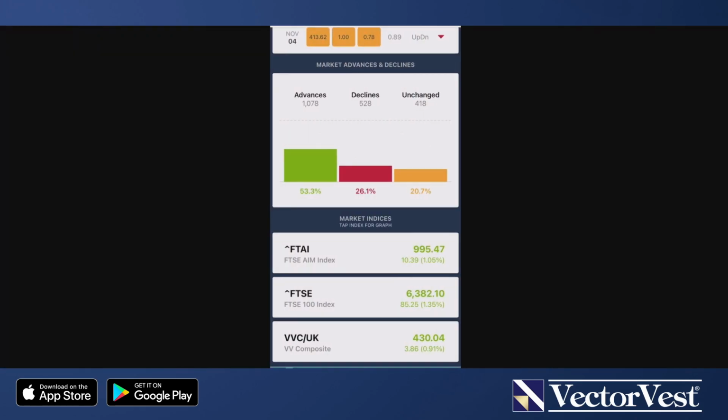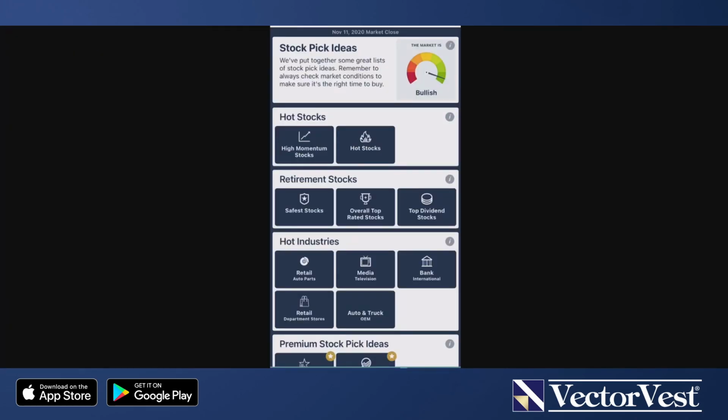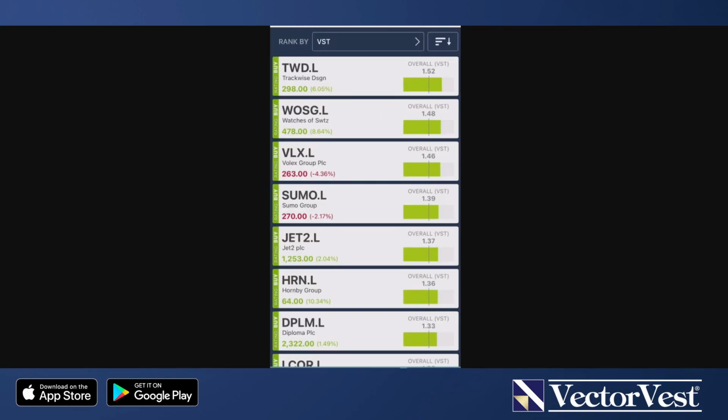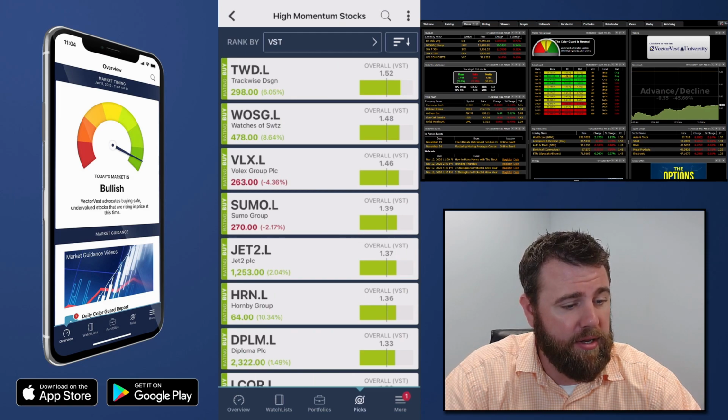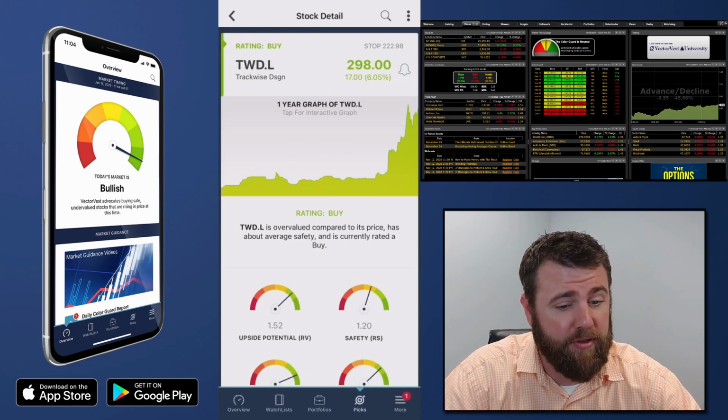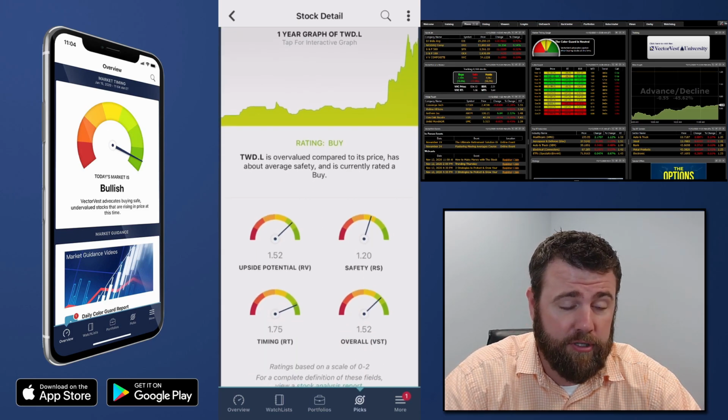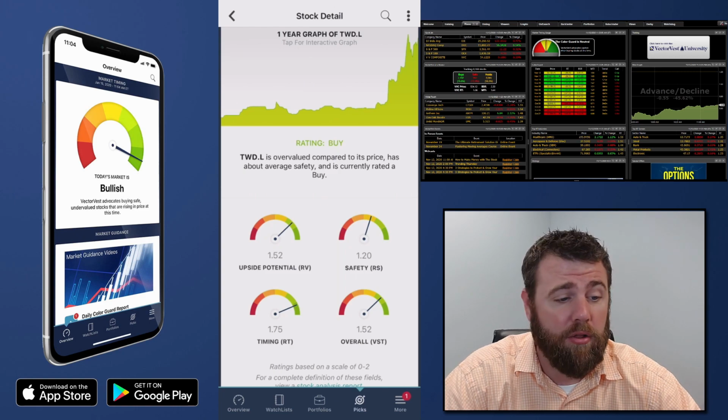All right, so let's take a look at some of the hot stocks and some of the safest stocks there. So some of the hot stocks, TWD, up 6% here. You see a really strong uptrend kicking in just recently. Good RV, good RS, really strong RT. Definitely looks like a solid winner here.